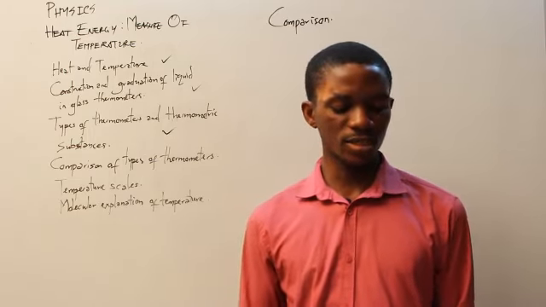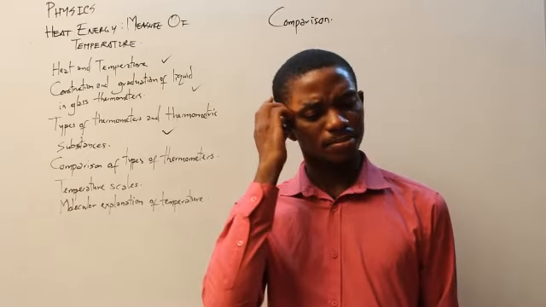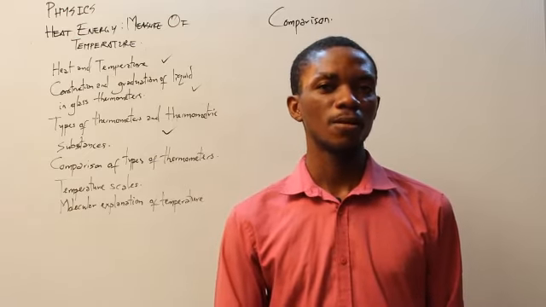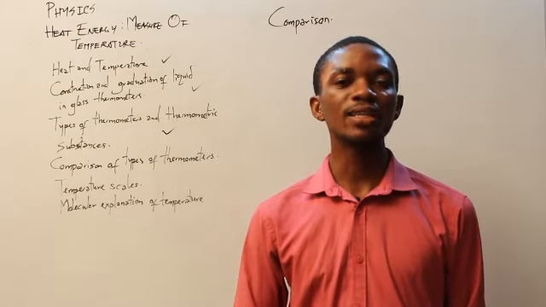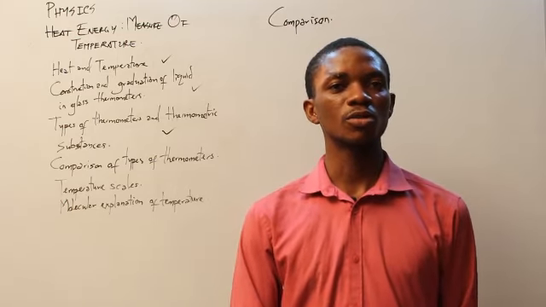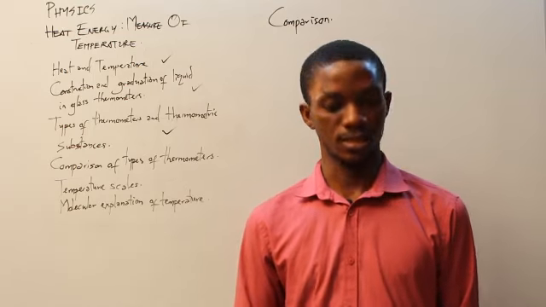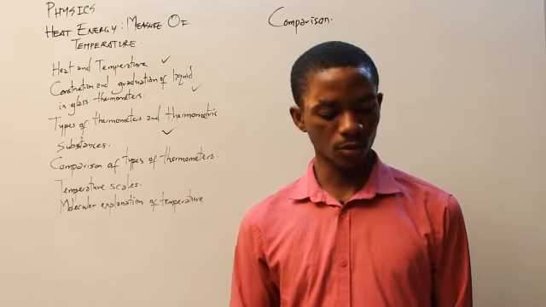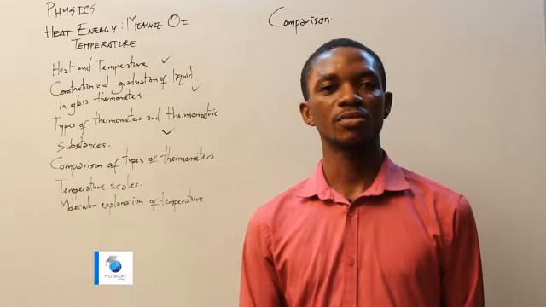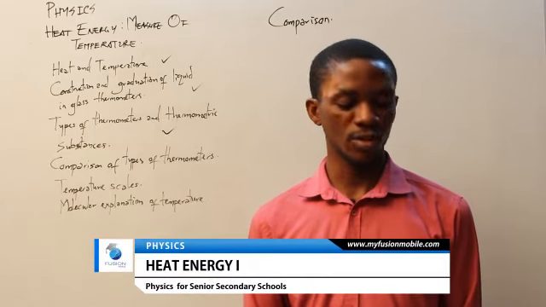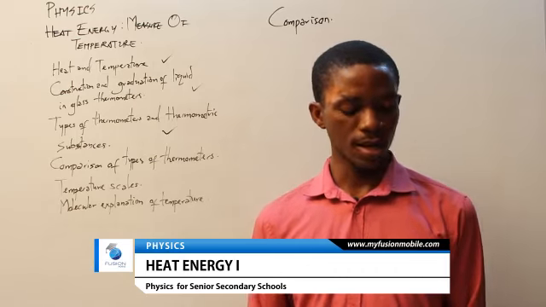The disadvantages include the fact that mercury freezes at minus 39 degrees Celsius, which means any temperature below that, the mercury will not be able to indicate it. So we won't be able to take measurements below minus 39 degrees Celsius with mercury in glass thermometers.